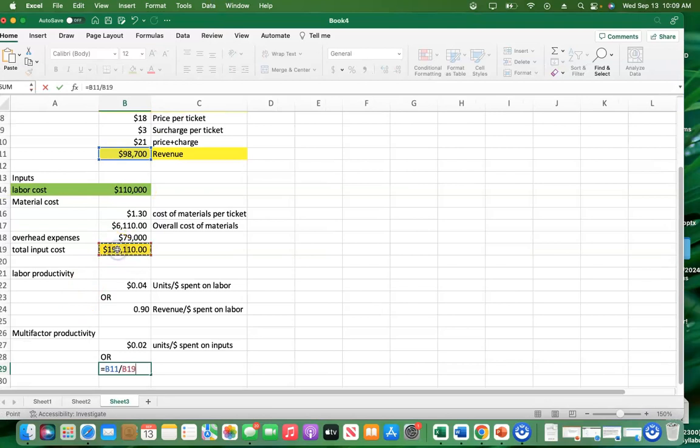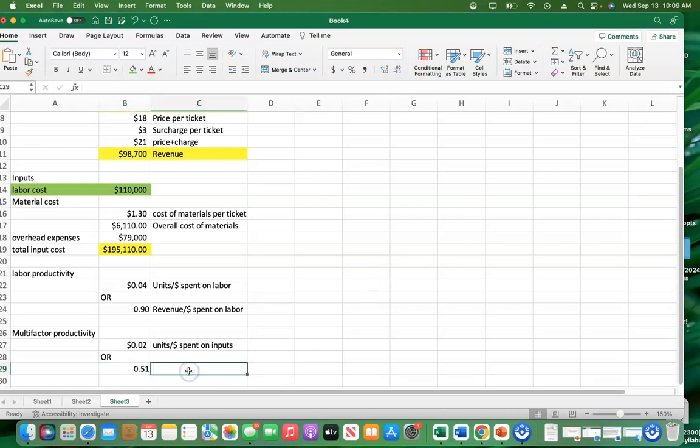So we click here and enter. So let me put this to 2 decimal points. So in this case, we have revenue per dollar spent on inputs. That's how we can find the multi-factor productivity in this question.